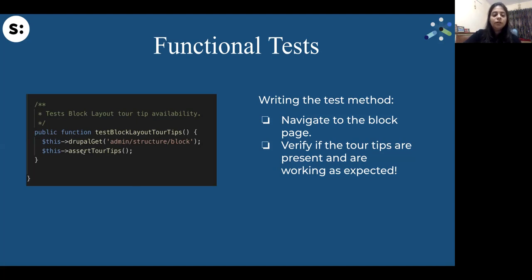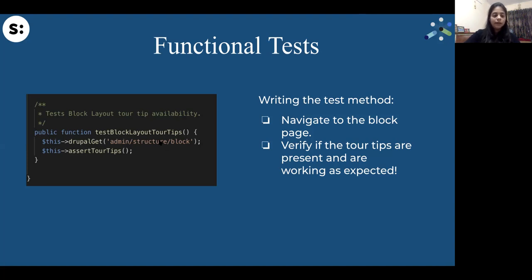Again, Drupal core provides us with various assert methods. You will see assert equal, assert not equal, assert session. There are various assert methods present to write tests so that we can check our functionalities. You can check those on the official Drupal documentation of automated tests.